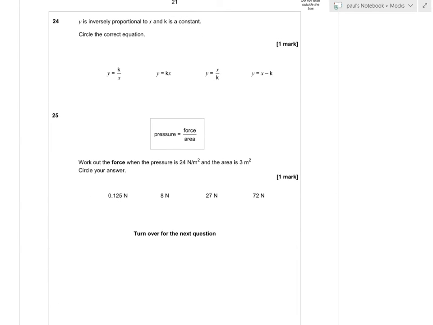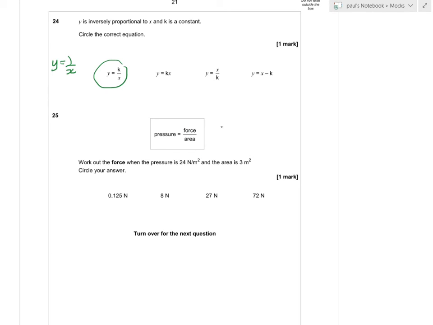Y is inversely proportional. We're getting down to the hard ones now, aren't we? I don't know how many questions are in this. Y is inversely proportional to x and k is the constant. So inversely is 1 over, isn't it? Y equals 1 over x, that's the inverse proportion. Work out the force when the pressure is that and the area is that.